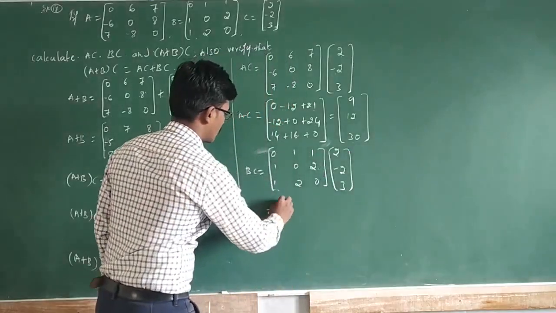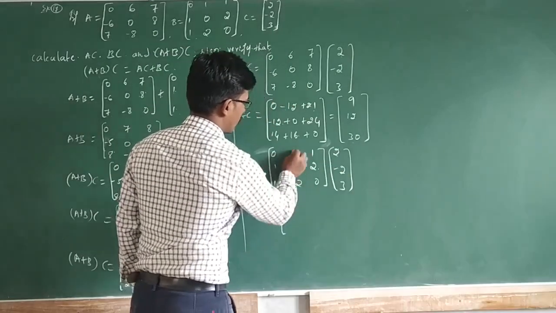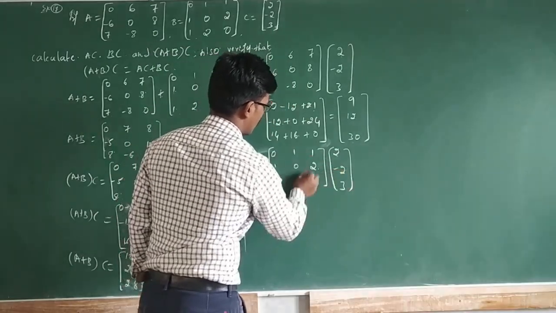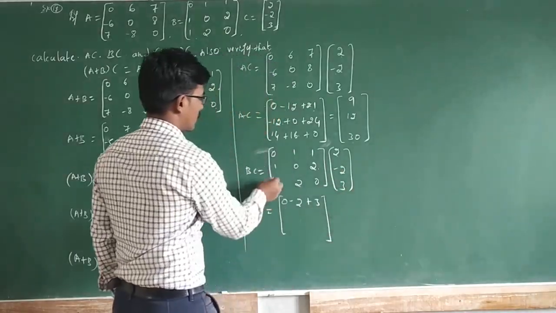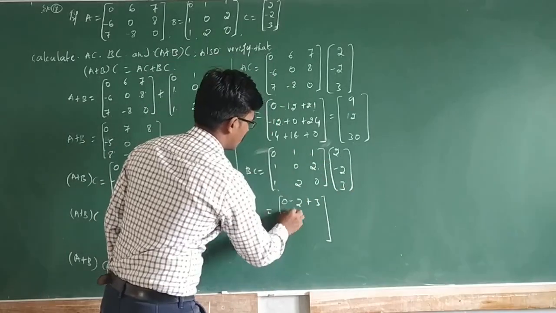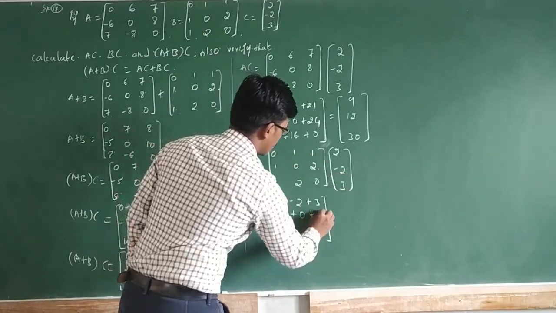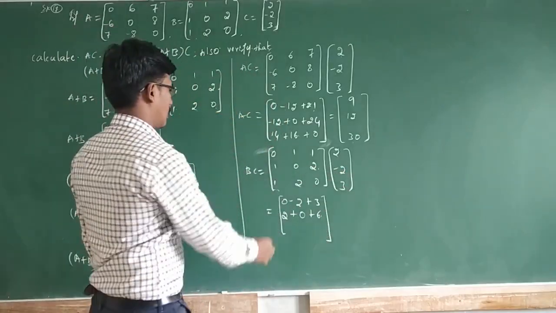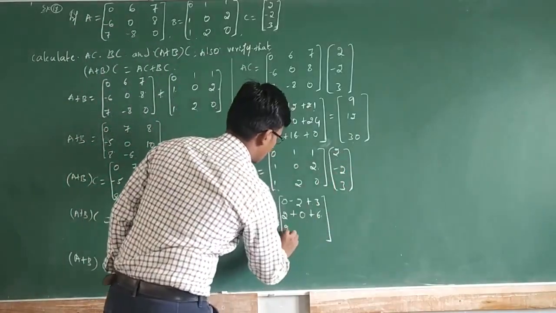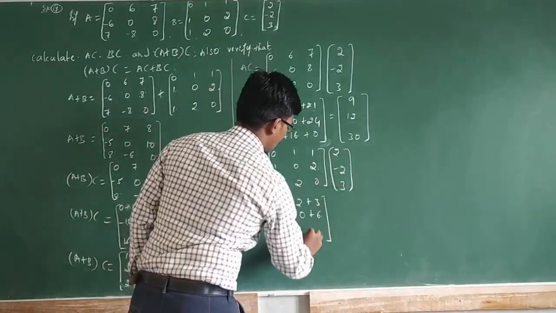So 0 into 2 is 0, 1 into minus 2 is minus 2, 1 into 3 is 3. Next, 1 into 2 is 2, 0 into minus 2 is 0, 2 into 3 is 6. Next, 1 into 2 is 2, 2 into minus 2 is minus 4, 0 into 3 is 0.